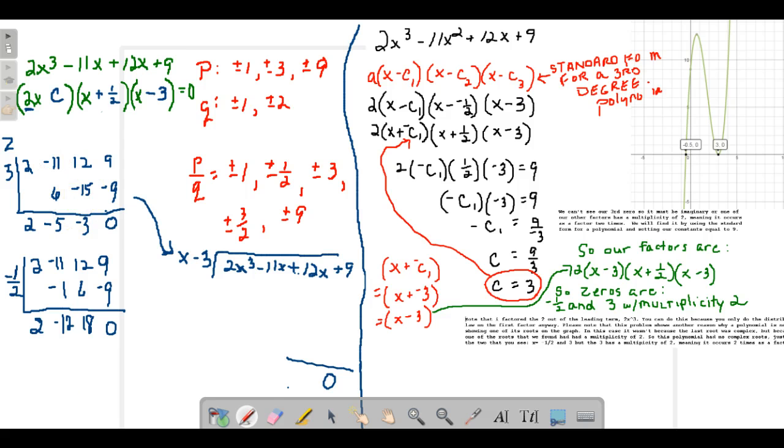So I'm just going to call that C for right now. So it would be then C times 1/2 times negative 3 is going to give us 9. This 9 right here. So then, just like I was doing before, C times negative 3/2 equals 9. So then C equals 9 times negative 2/3.